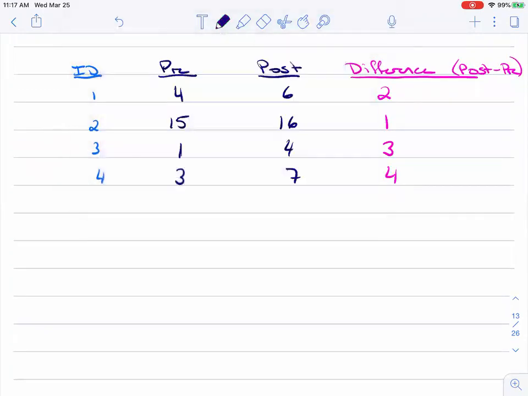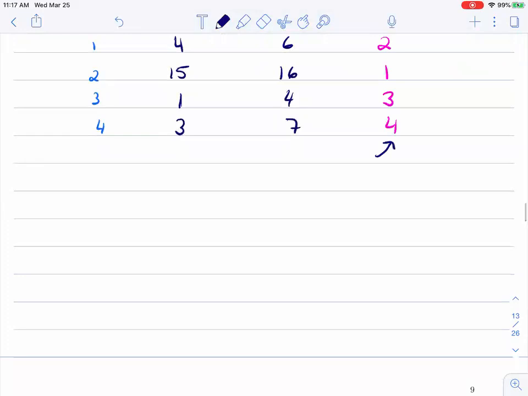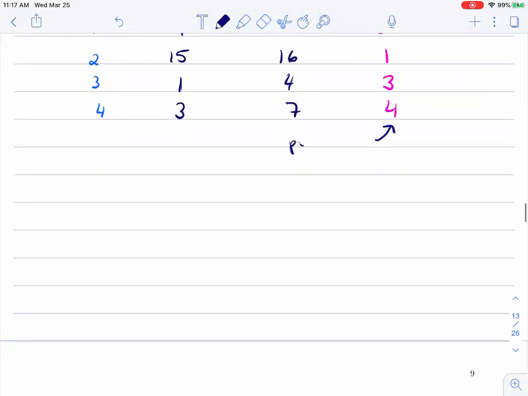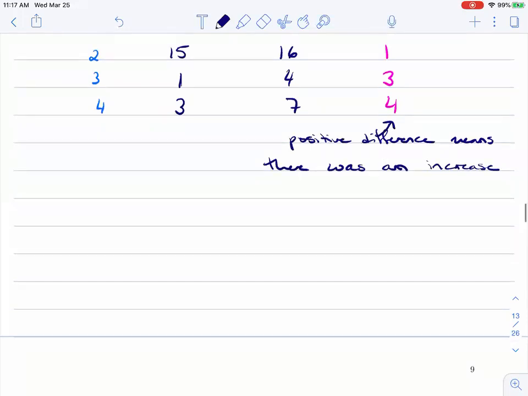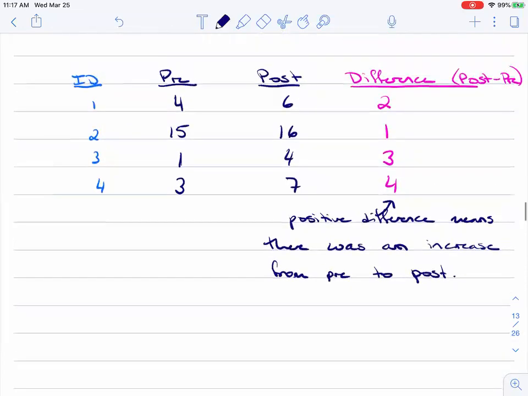And so here, because of how we've done it, a positive difference means there was an increase from pre to post, right? Whatever the treatment was, kind of the before and after results.